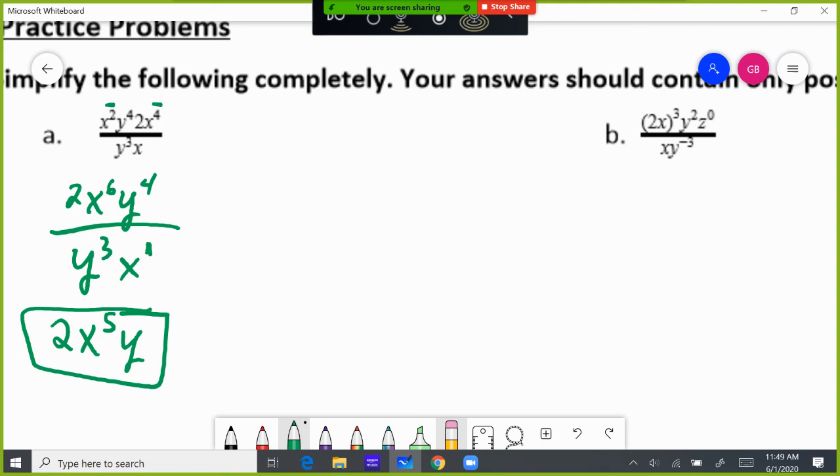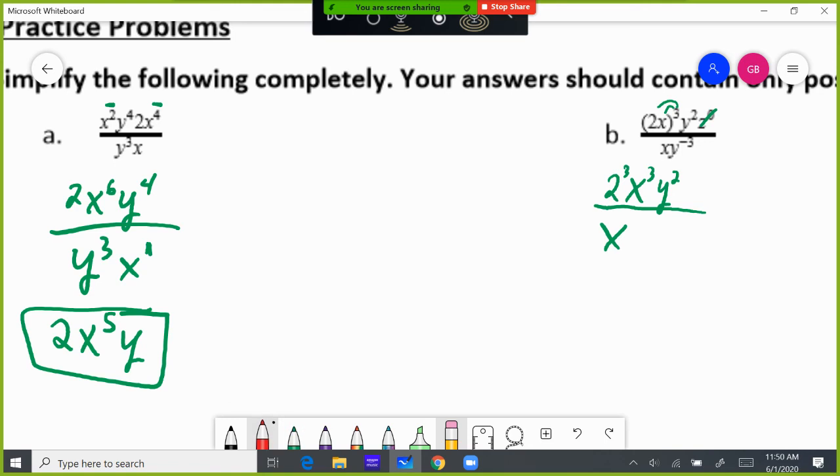Okay, here, remember that anything to the 0 power is equal to 1. That actually goes away. And then when you have a power of a power, you go ahead and distribute that. So this is 2 to the third power, x to the third power, y to the second power over x.